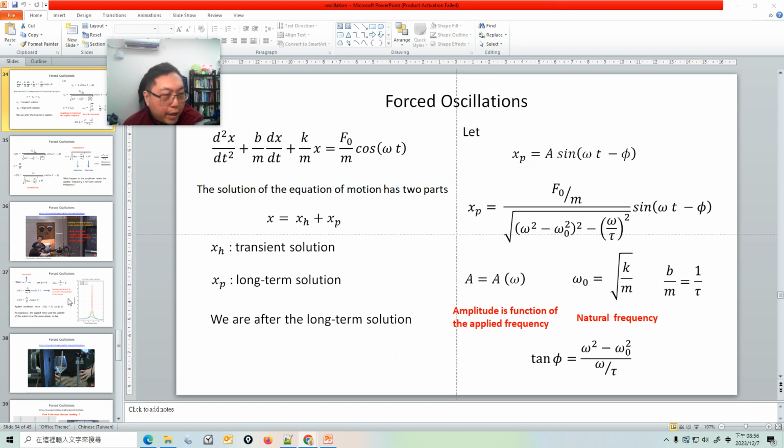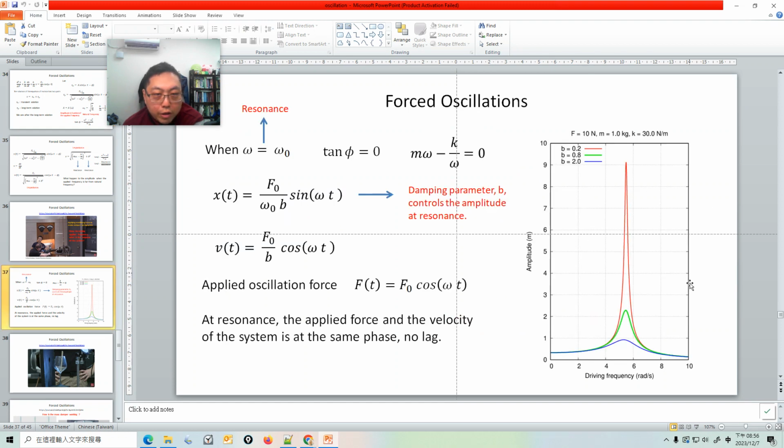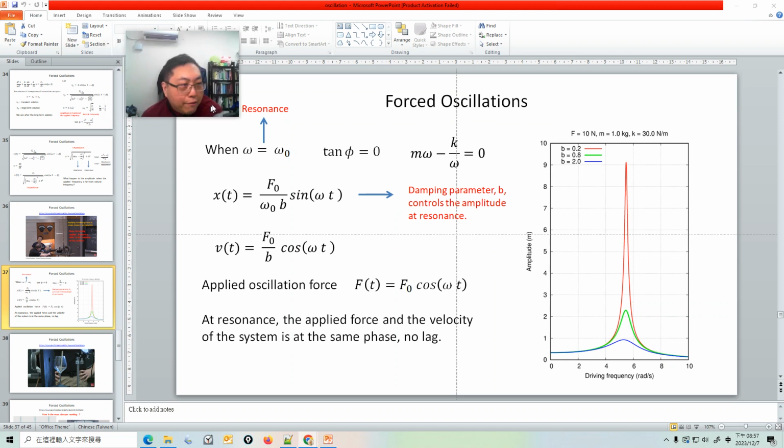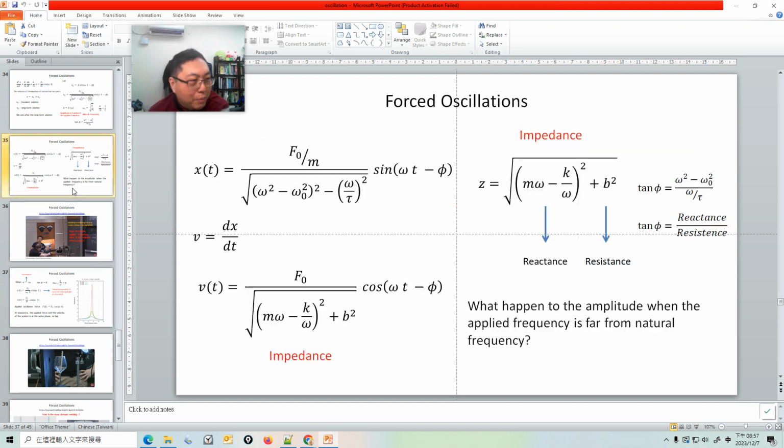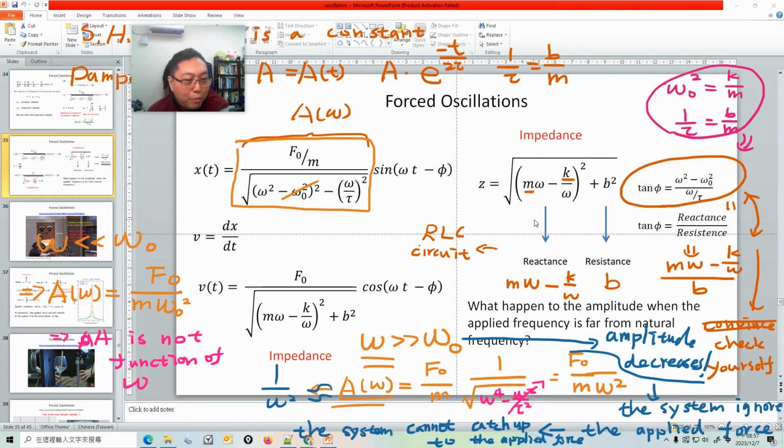You draw A of omega, and you will see this graph here. The setup here is F0, mass, and k, and different b. Different b gives a different picture. We haven't talked anything about the damping parameter b. I think we'll talk about the damping parameter in the next video.